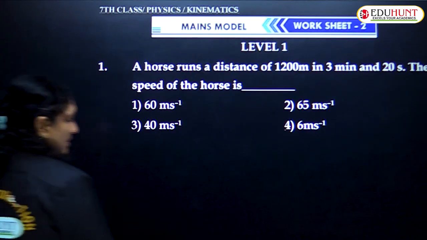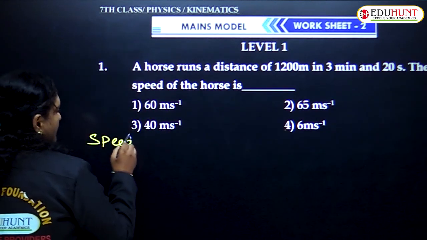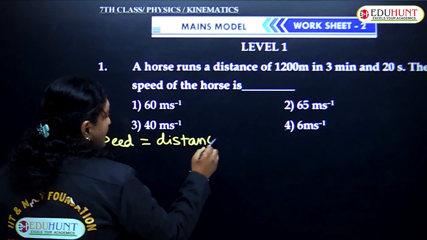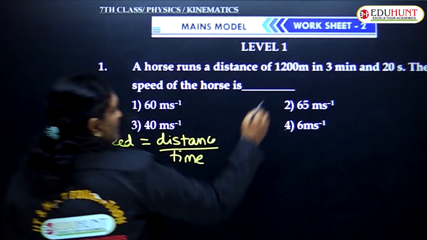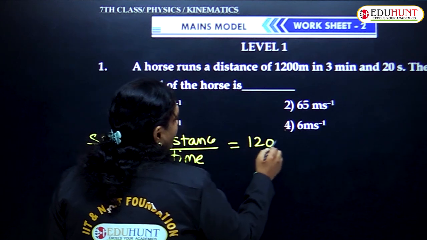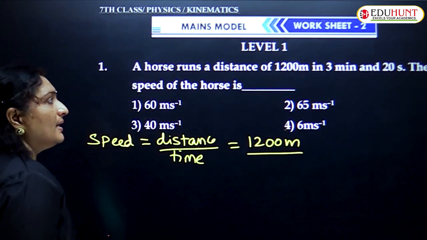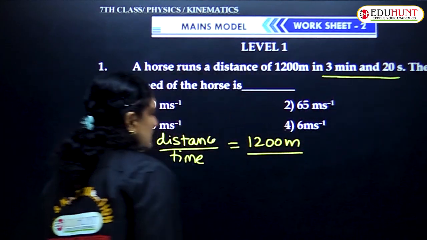Children, earlier I told you that the formula for speed is distance upon time. The distance was given as 1200 meters and the time was given as 3 minutes 20 seconds. What was the time, children? 3 minutes 20 seconds.